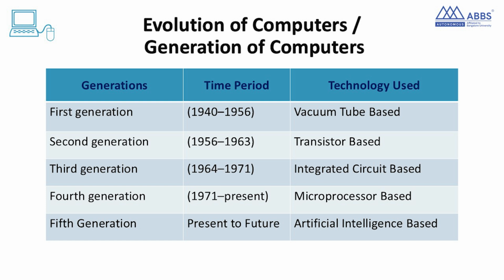The first generation computers were designed during the Second World War, maybe between 1940s to 1956, and the second generation computers were between 1956 to 63. The third generation computers between 1964 to 71, and the fourth generation is almost from 71 to, let's say, 2020 or 25, maybe even today.